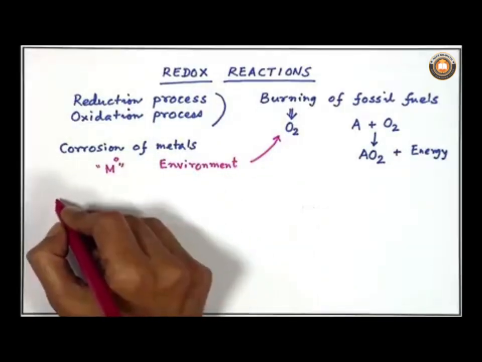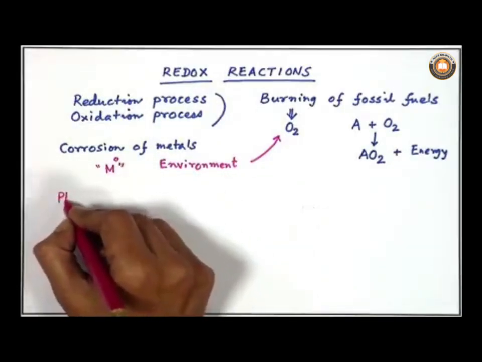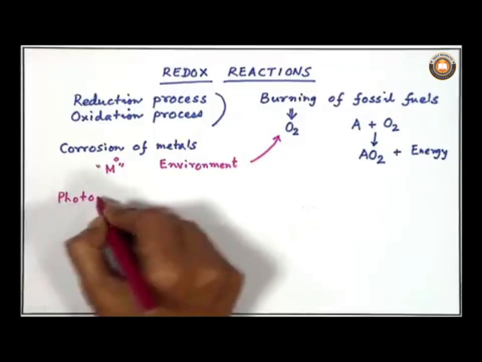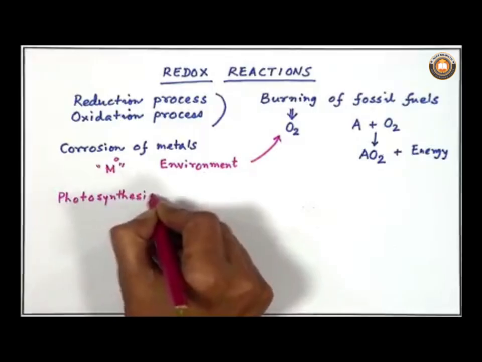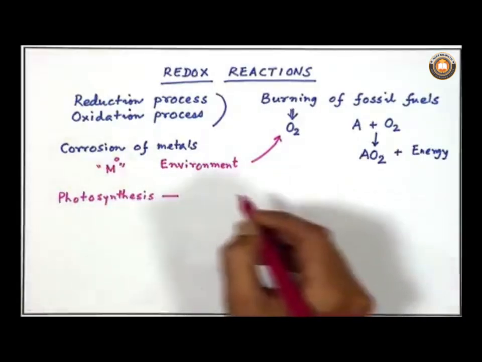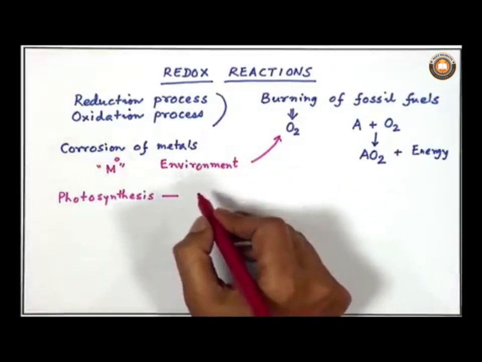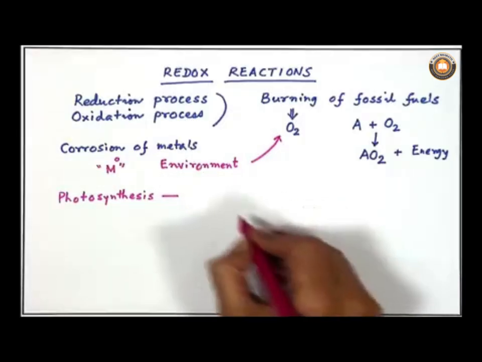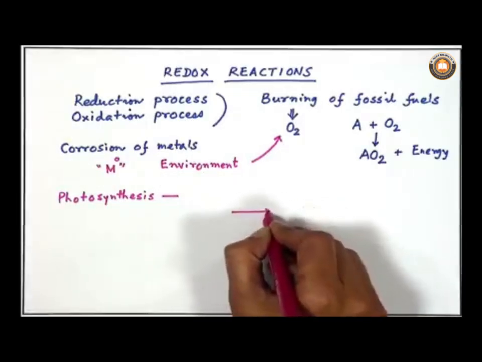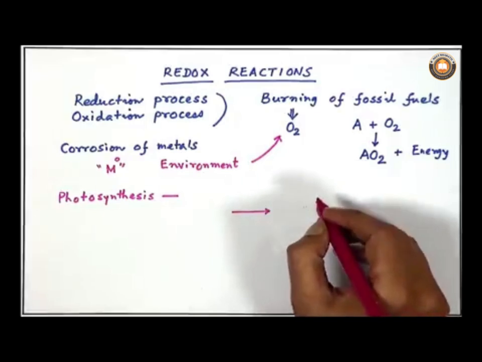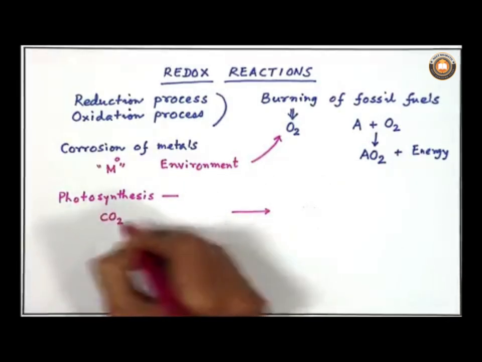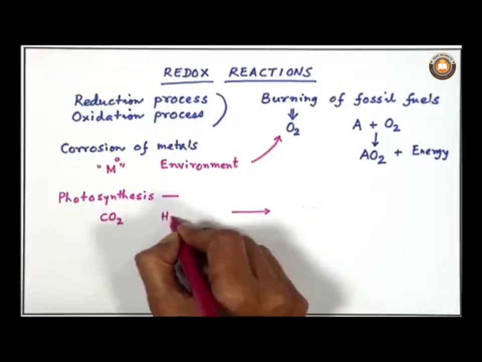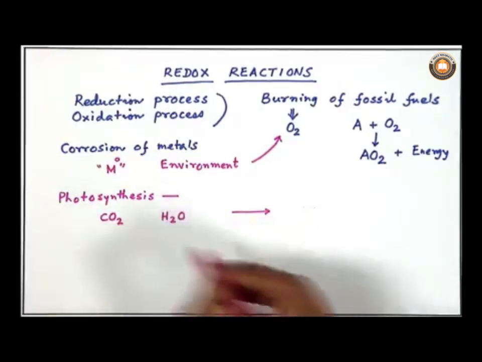From very early days, photosynthesis is another example we know. From our early school days, we know that it is a typical process where plants synthesize something for us involving carbon dioxide and water molecules.